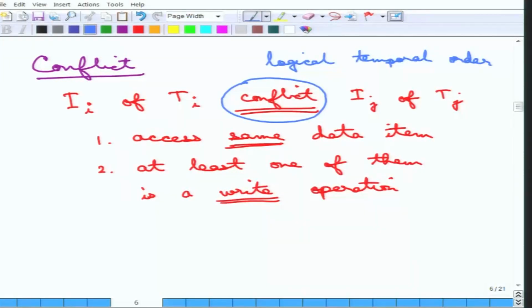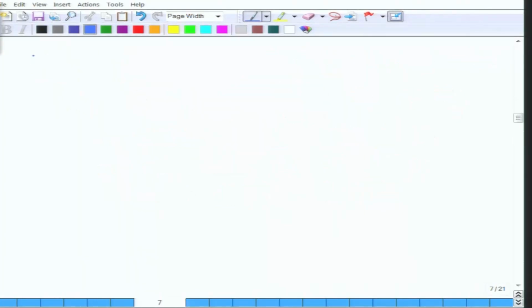Okay. So conflict serializability. This is the conflict, and we have studied serializability. So the next thing we will study is what is called conflict serializability.